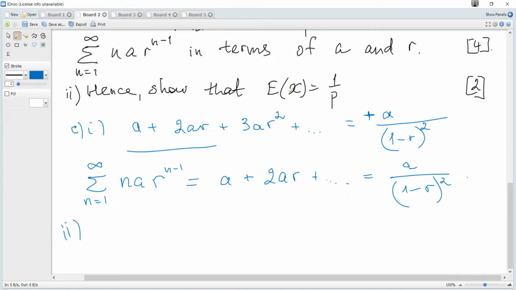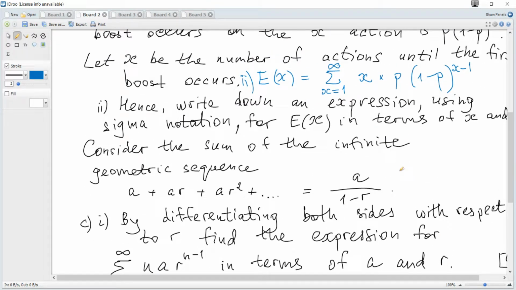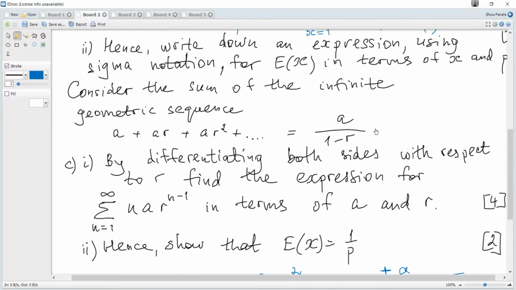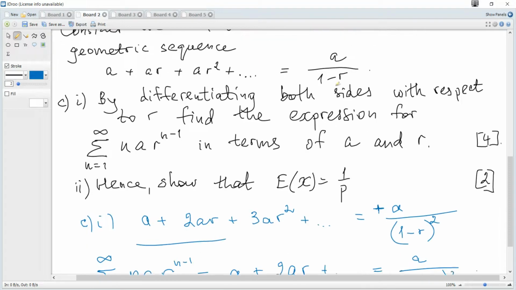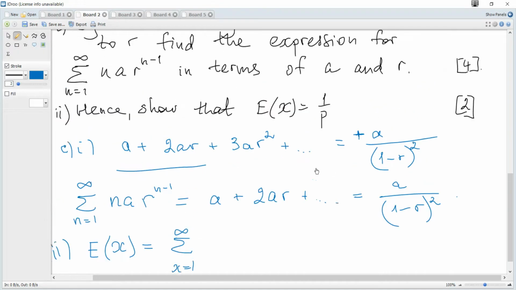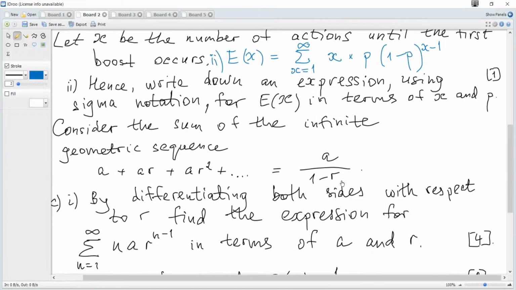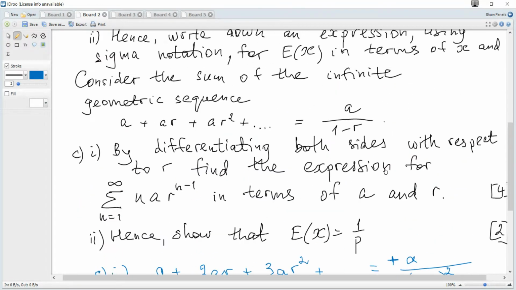The next part shows that E of x is 1 over p. What is E of x? E of x is this sum, and definitely we should use this result to find this value. And let's rewrite. We need E of x, this sum for x from 1 to infinity, x p 1 minus p to the power of what?